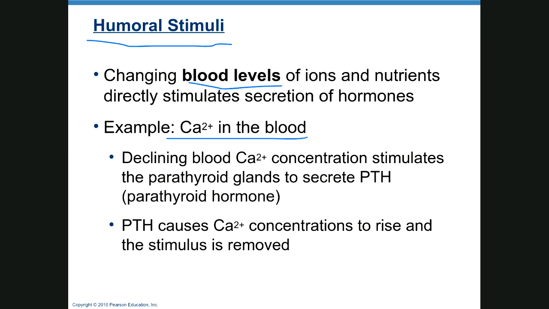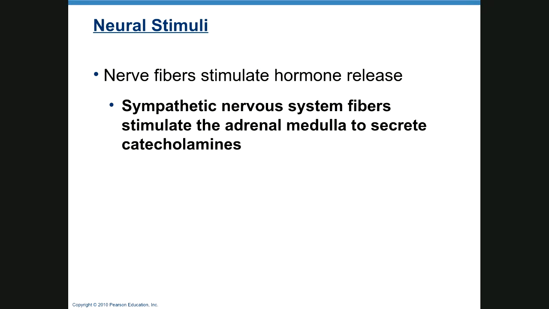When the calcium level decreases, the parathyroid glands secrete parathyroid hormone. Parathyroid hormone causes calcium concentrations to rise by breaking down bone, as well as by increasing absorption and such. And once the stimulus is removed, as in calcium is normalized, then you just stop producing parathyroid hormone.